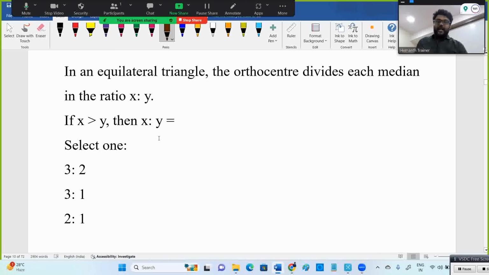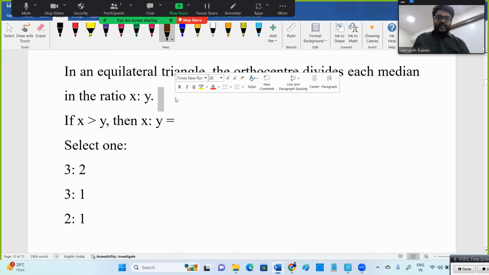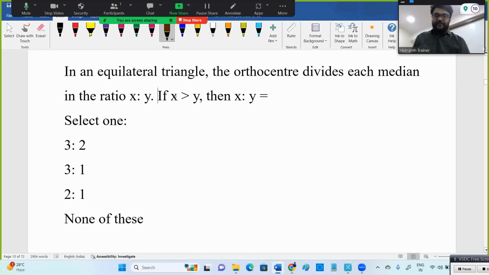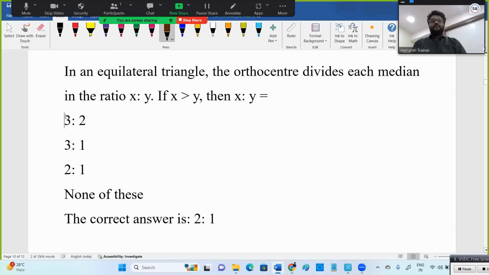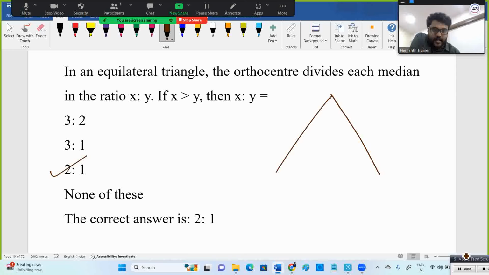Now in an equilateral triangle, this is regarding geometry stuff. Here anyhow we given the answer. It's nothing but 2 is to 1. So you know, in equilateral triangle, orthocenter divides the median.